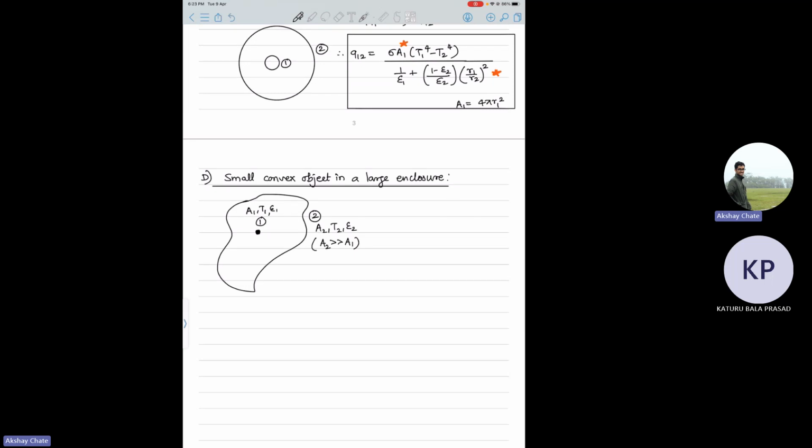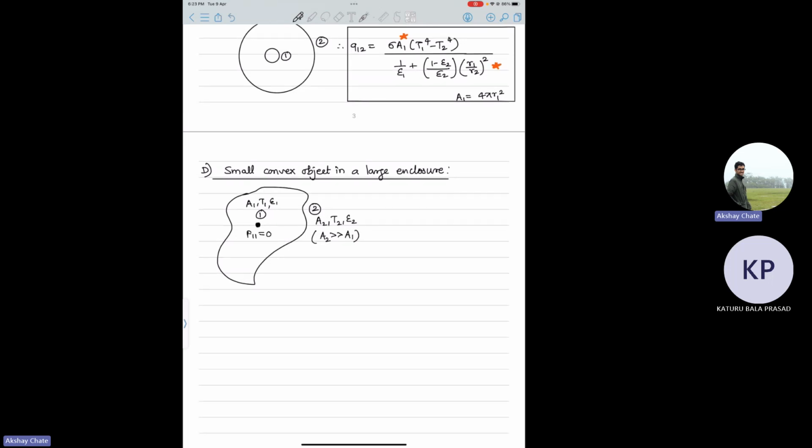F11 will be 0, so the derivation goes in the same direction. In the end, you have this formula: sigma A1 into T1 power 4 minus T2 power 4, divided by 1 by epsilon 1 plus 1 minus epsilon 2 by epsilon 2 into A1 by A2.